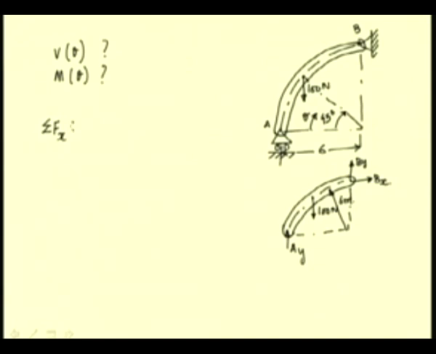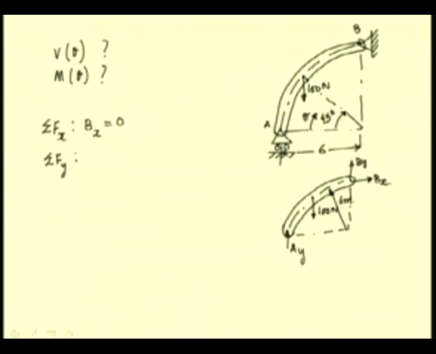If we sum the horizontal component of the forces, we find that we have only one horizontal force, and that is Bx, and it becomes 0. Let us take the force summation along the y axis.